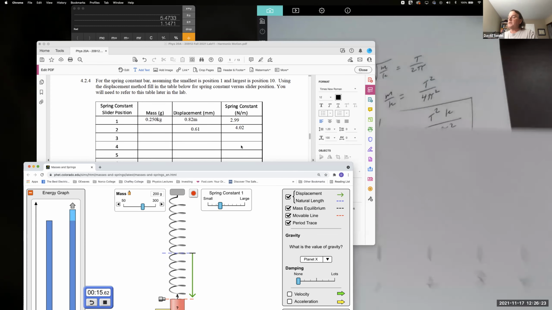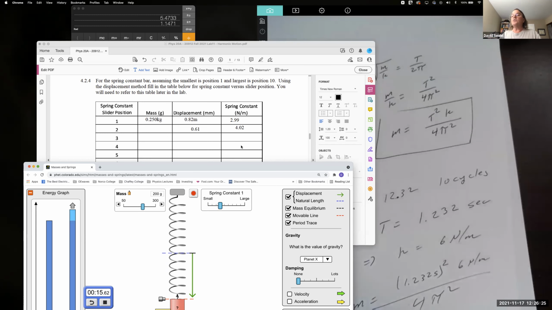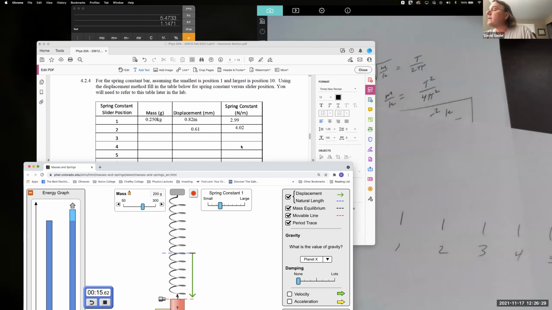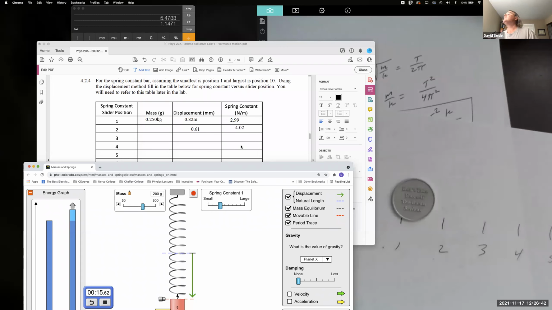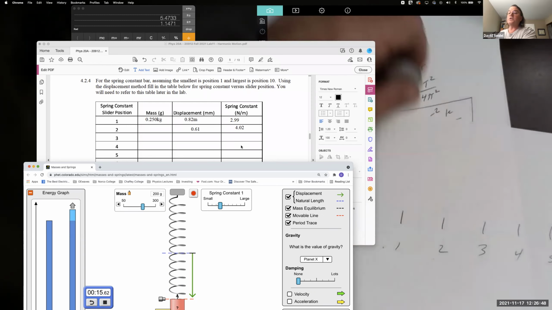And I tell you to go measure the size of this coin. Well, it's about 1 division.